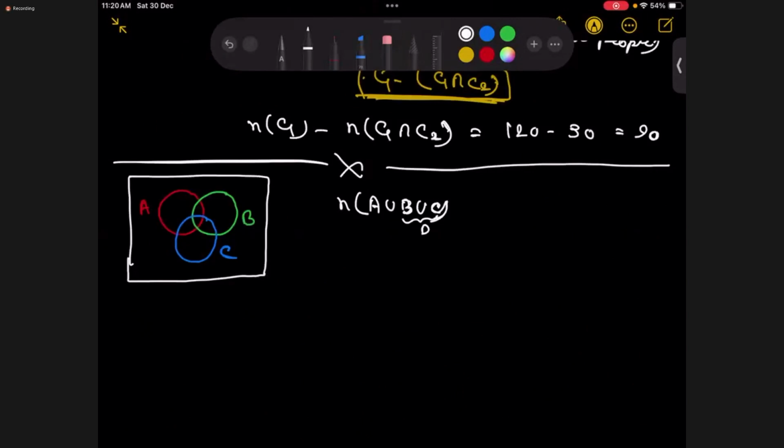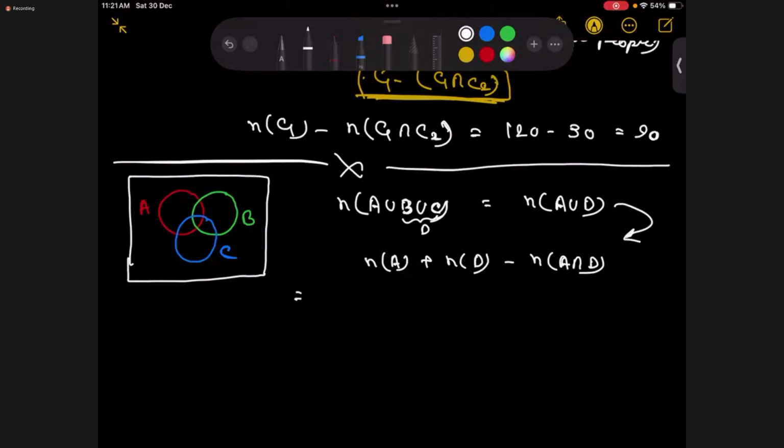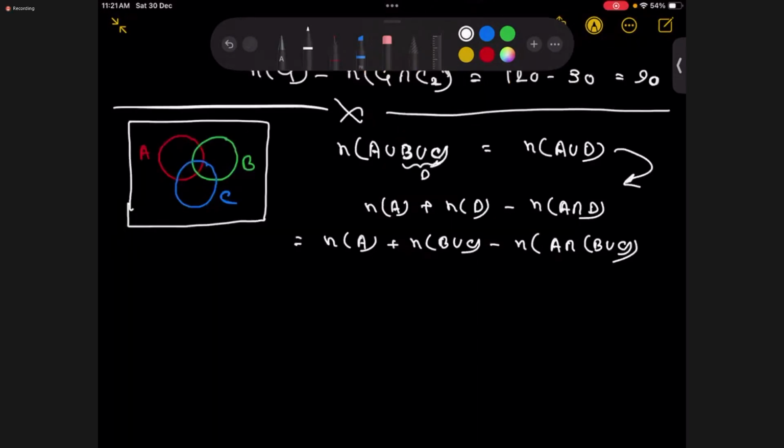Then this is nothing but N of A union D, and this thing will give us N of A plus N of D minus N of A intersection D. If I clearly write it, it will be N of A plus N of B union C minus N of A intersection B union C. Now if I explicitly write it, it is equal to N of A, and I am writing this as an explicit formula.